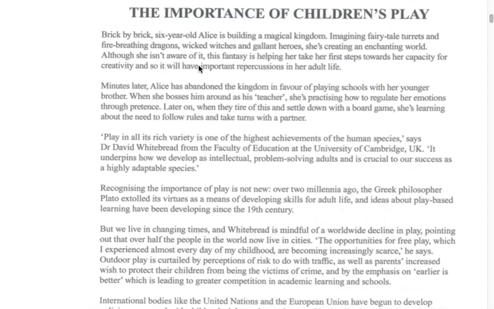Although she isn't aware of it, this fantasy is helping her. See? Helping her to take her first step towards her capacity. It means first step towards her capacity. It's a synonym for develop. When you take a first step towards capacity, you develop for creativity.